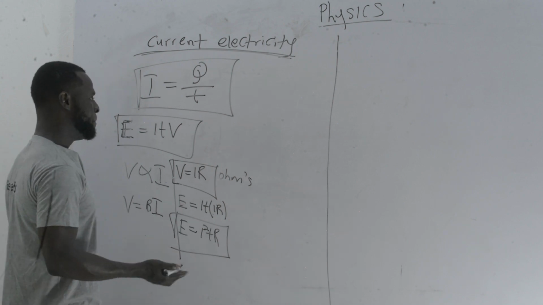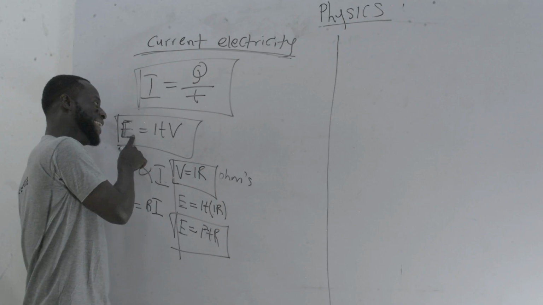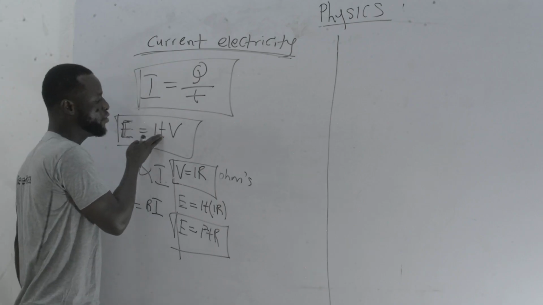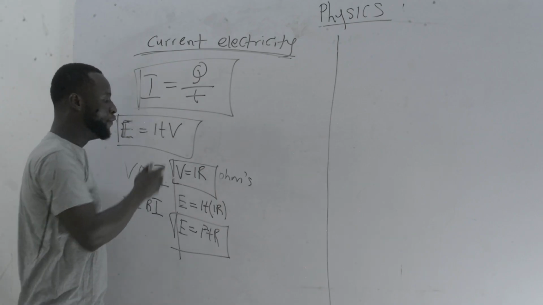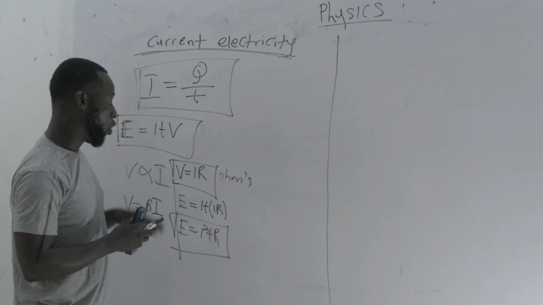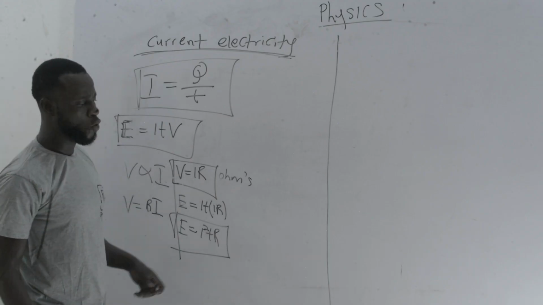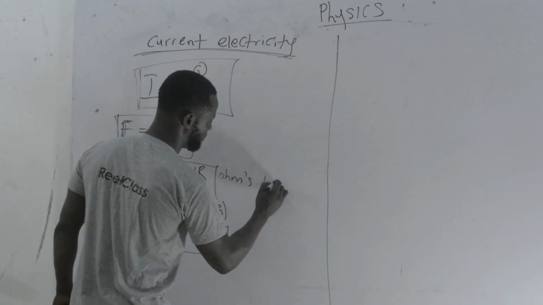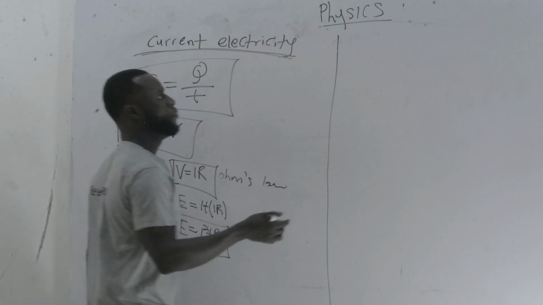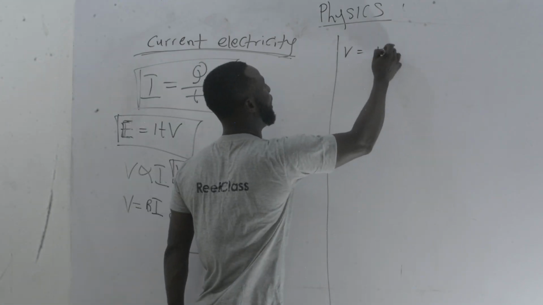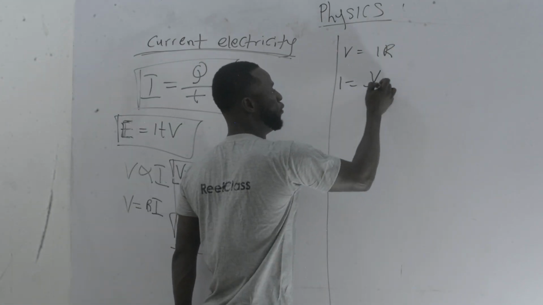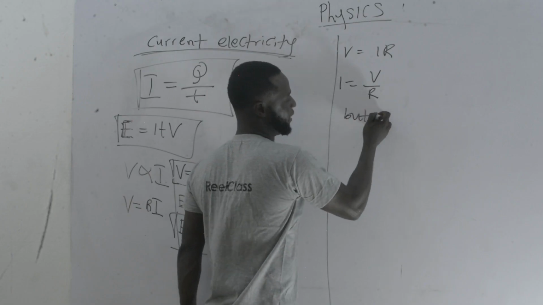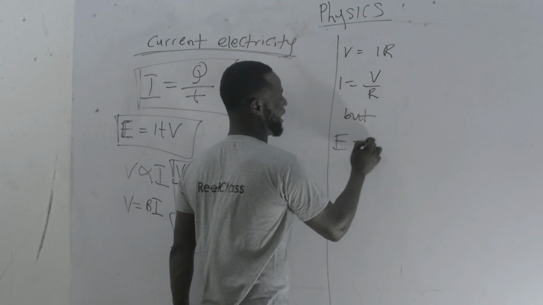Or you could say, maybe in a question, I need you to find electric energy, and I've given you time, I've given you voltage, but I did not give you current. I can still come back to Ohm's law again. From Ohm's law, since V equals IR, then I will be equal to V over R. But we just said that electric energy is ITV.